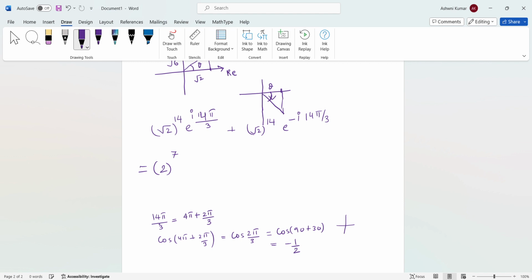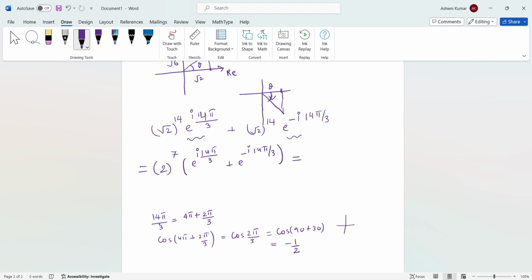So the value of this expression, we won't be calculating it here. Let us first see that 2 to the power 7 is common and these two terms will be left inside: e to the power i times 14 pi by 3 plus e to the power minus i 14 pi by 3.